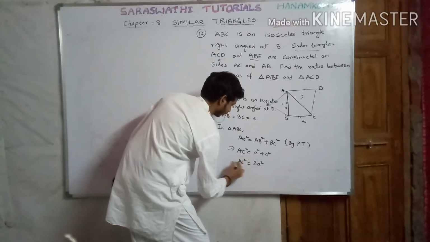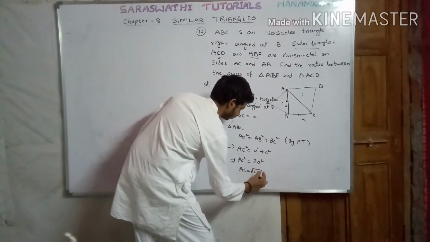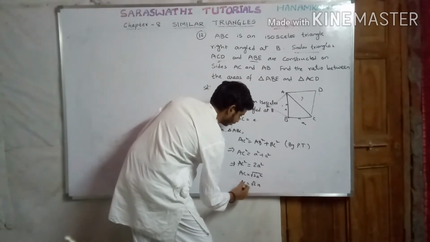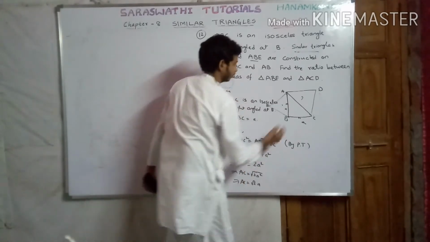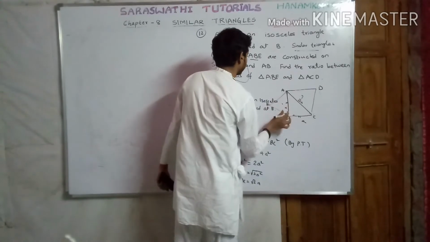So AC equals under root of 2A square, that means root 2 A. So the length of AC is root 2 into A, and the length of AB is A.